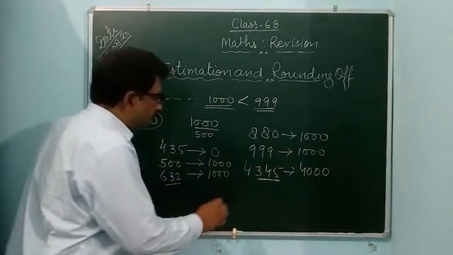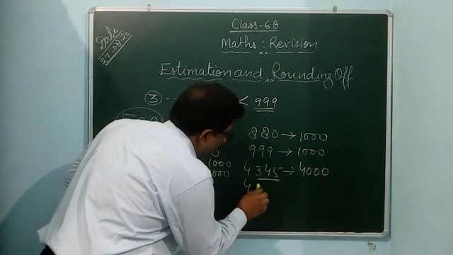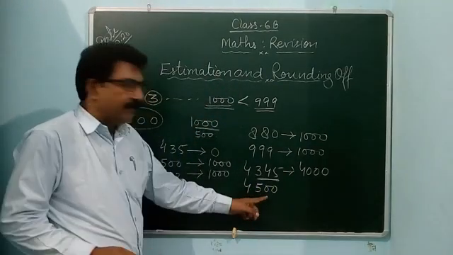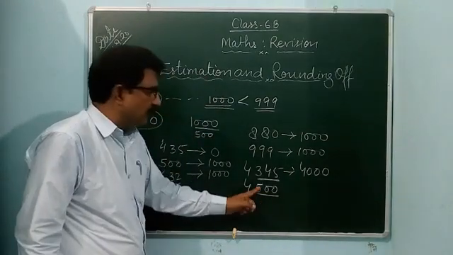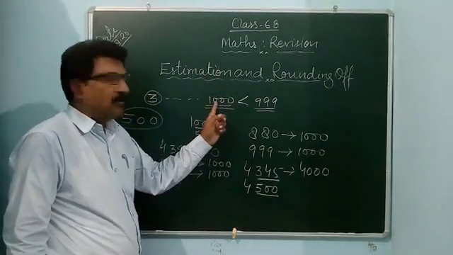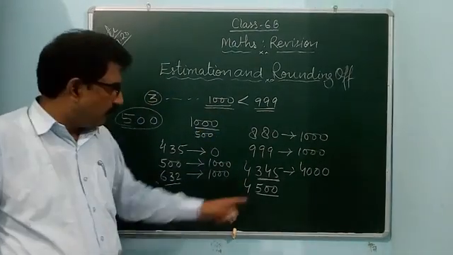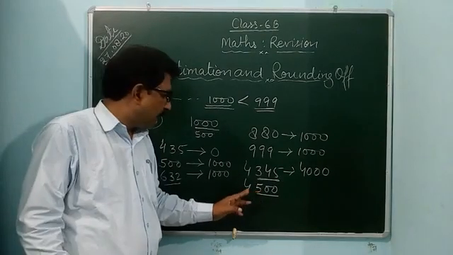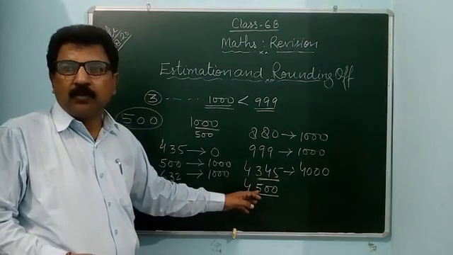What about 4,500? Here I am taking 3 digits, because it is for 1000. The 5 is there, so it goes to the next, and in 4,500, the 500 will be converted into 1000.